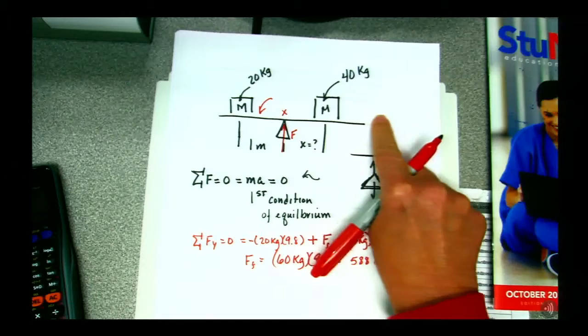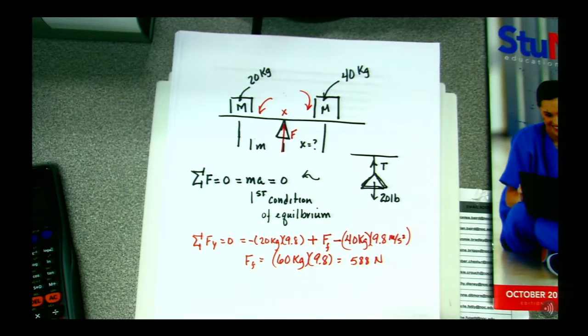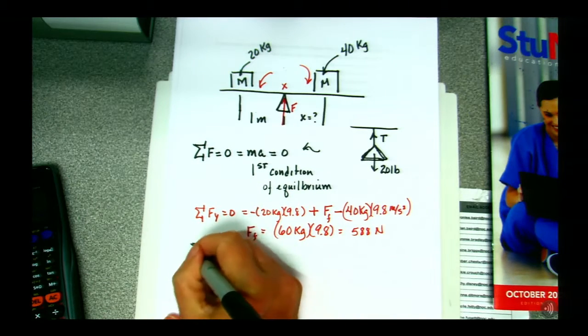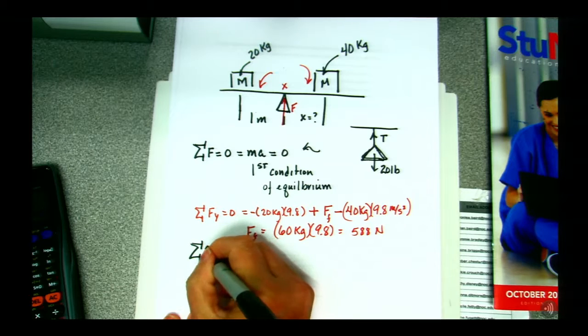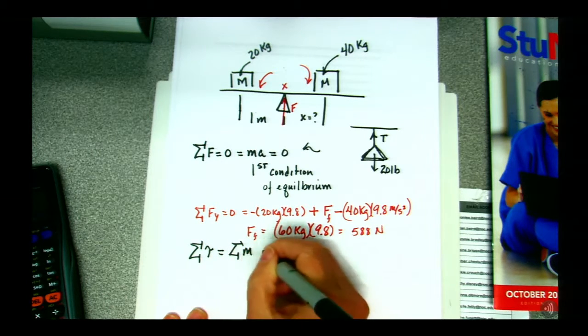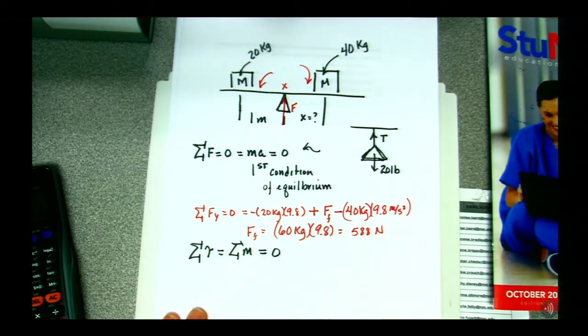If I put this box over here too far, it'll rotate that way, and I won't be in equilibrium. So I get my second condition of equilibrium: the sum of the torques, or actually we refer to it as the sum of the moments on the static side, has got to equal 0.